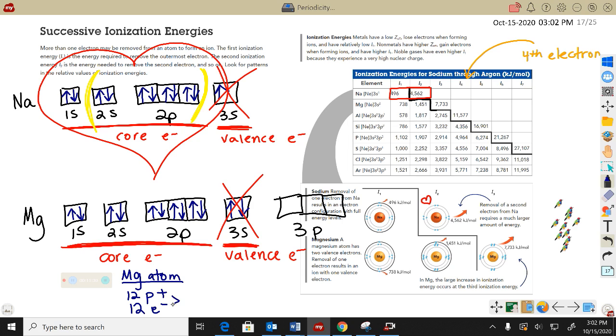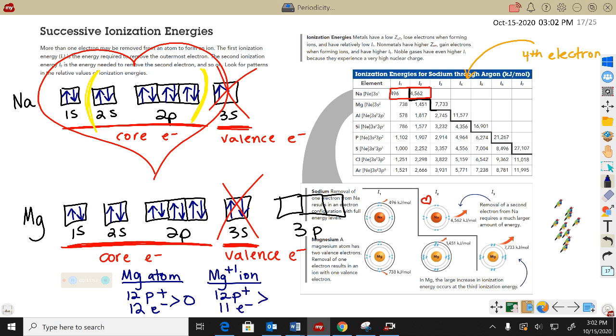Overall charge, 0. No charge, neutral. Well, then you remove 1 electron at a time. So next I would form the magnesium +1 ion. First I lose an electron, but not a proton. So there would be 12 protons. And the first electron lost would leave me at 11.